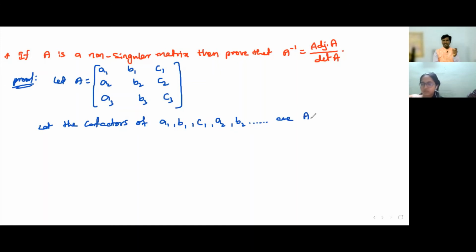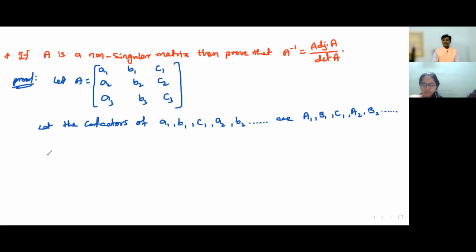So small a1 cofactor is taken as capital A1, small b1 cofactor capital B1, small c1 cofactor capital C1, small a2 cofactor capital A2, small b2 cofactor is capital B2, and so on.